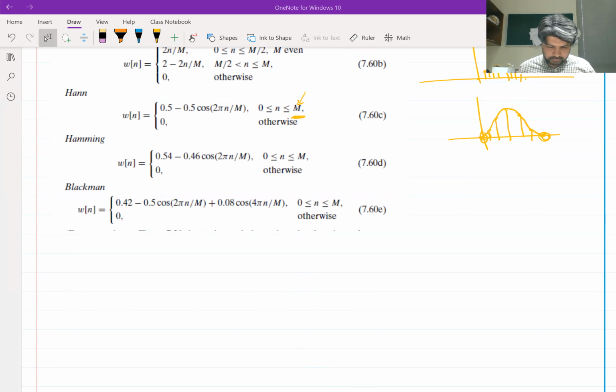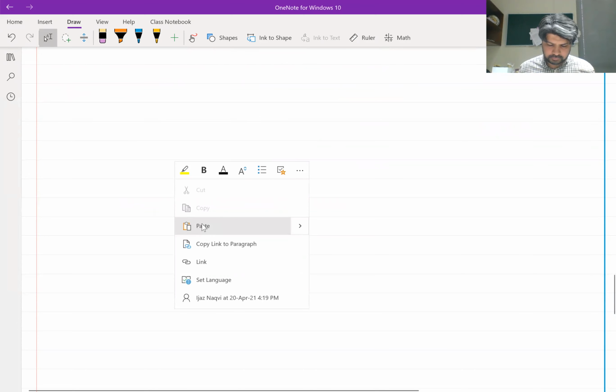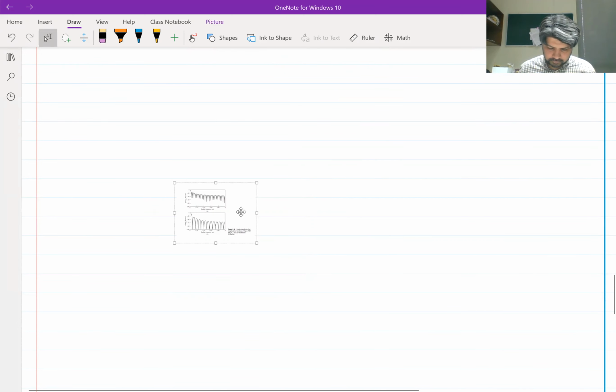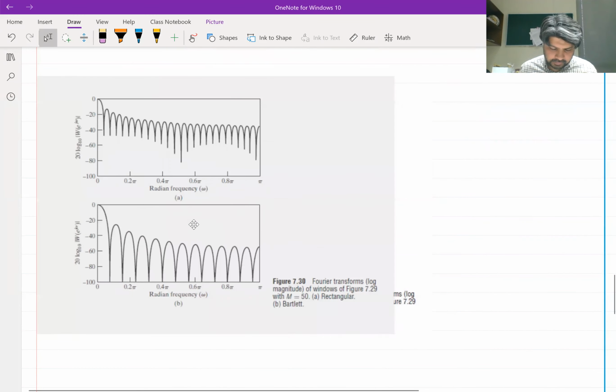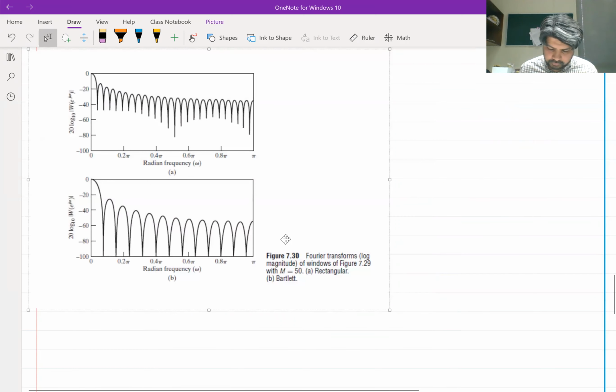So what happens is it's the same kind of phenomena. So first look at rectangular and Bartlett. If we compare the frequency response of the rectangular and Bartlett, you can see that your M is 50, M is 50.